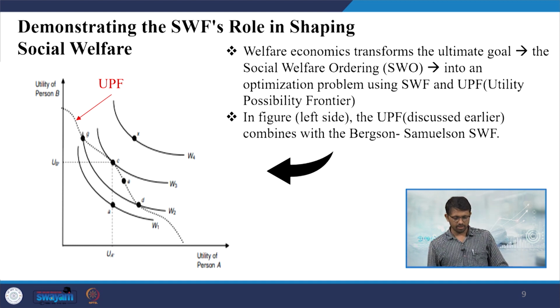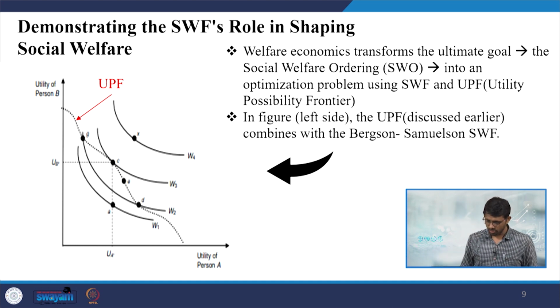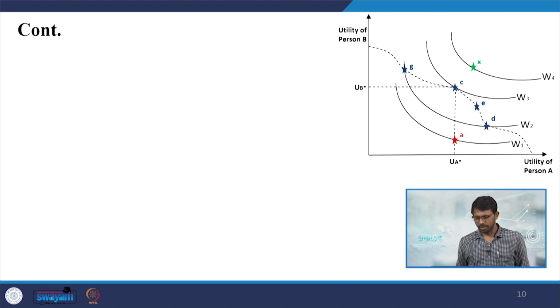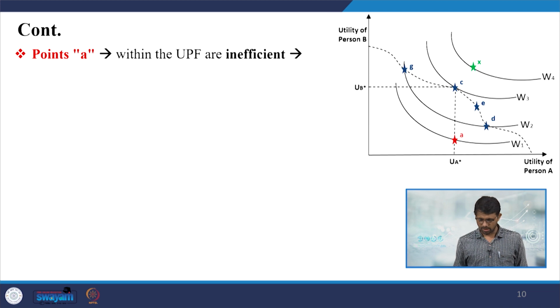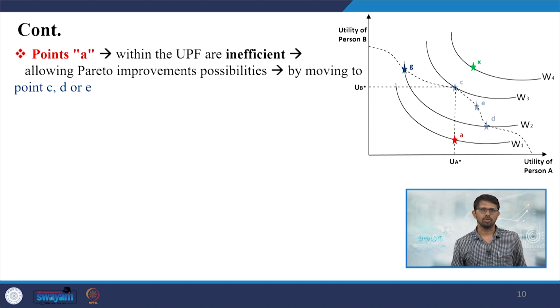We combine here the Bergson-Samuelson social welfare function and present the best optimal choice. Here we start with A within the UPF. UPF is the frontier, and A is an inefficient point. This allows Pareto improvement possibilities by moving to points C, D and E. You can have a check.